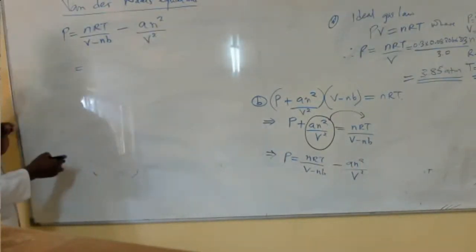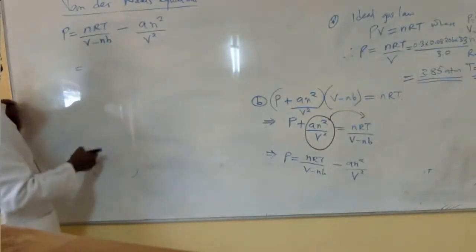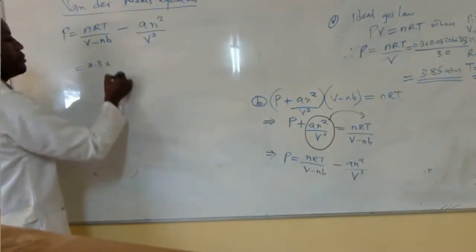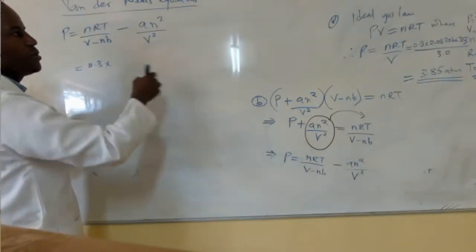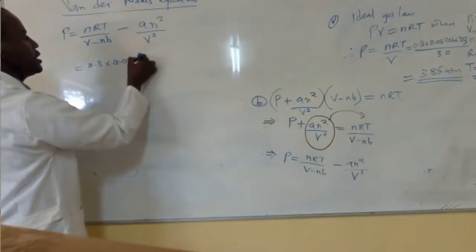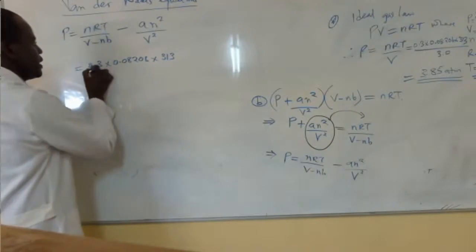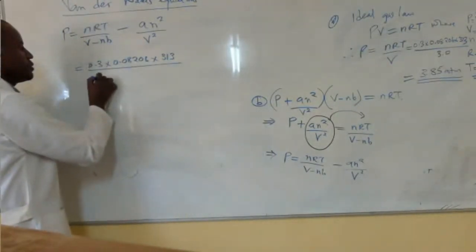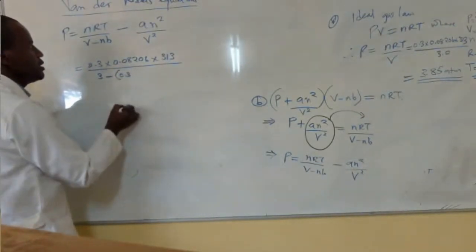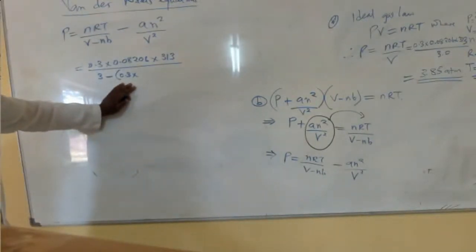So this will be equal to n, which in our question has been given to be 0.3 moles. So 0.3 times the R constant that we used there, 0.08206, times the temperature 313, divided by the volume 3 liters minus the number of moles 0.3 multiplied by the value of b which we've been given.